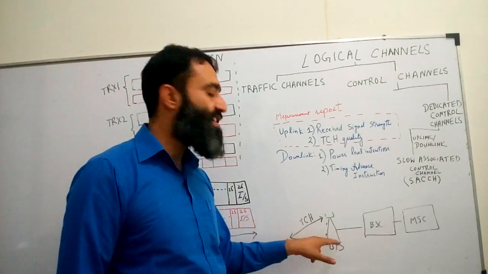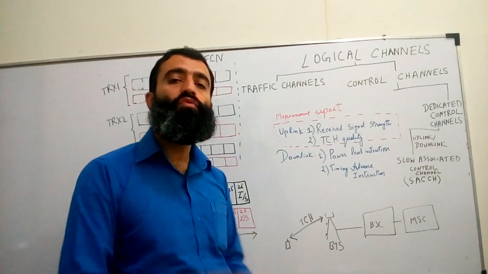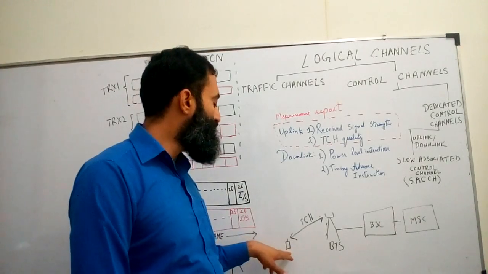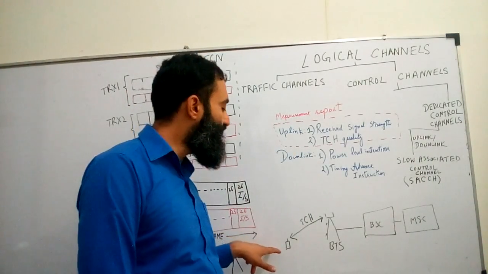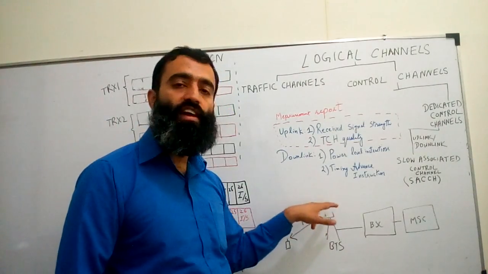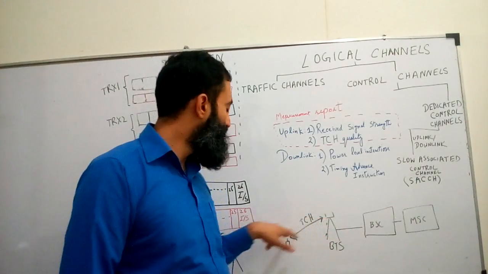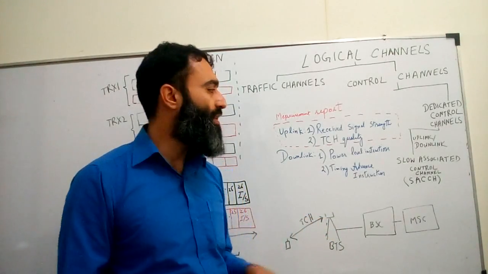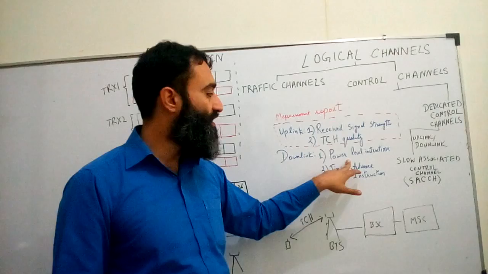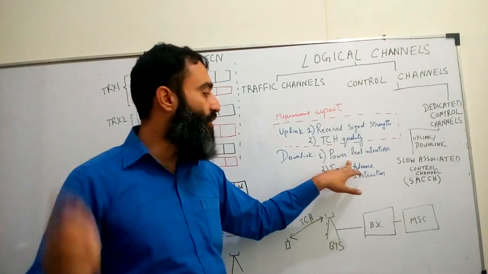So the base station instructs this mobile station to transmit at a lower power. Similarly, if this mobile station is far away and its proper signal strength is not being received at the base station, the mobile will be instructed to transmit at a higher power. This information is carried in the SACCH frame in the downlink direction.